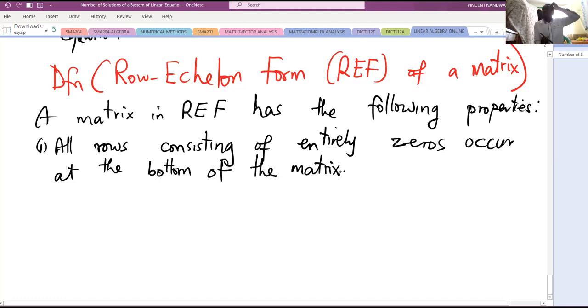So in case there is any row that has all the elements zero, then it must be at the bottom of the matrix.